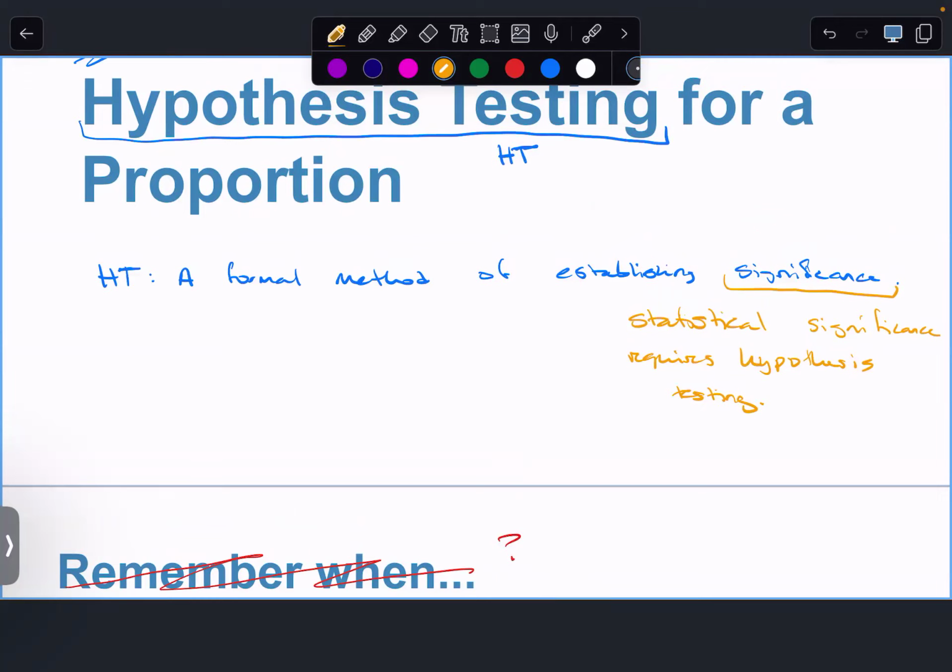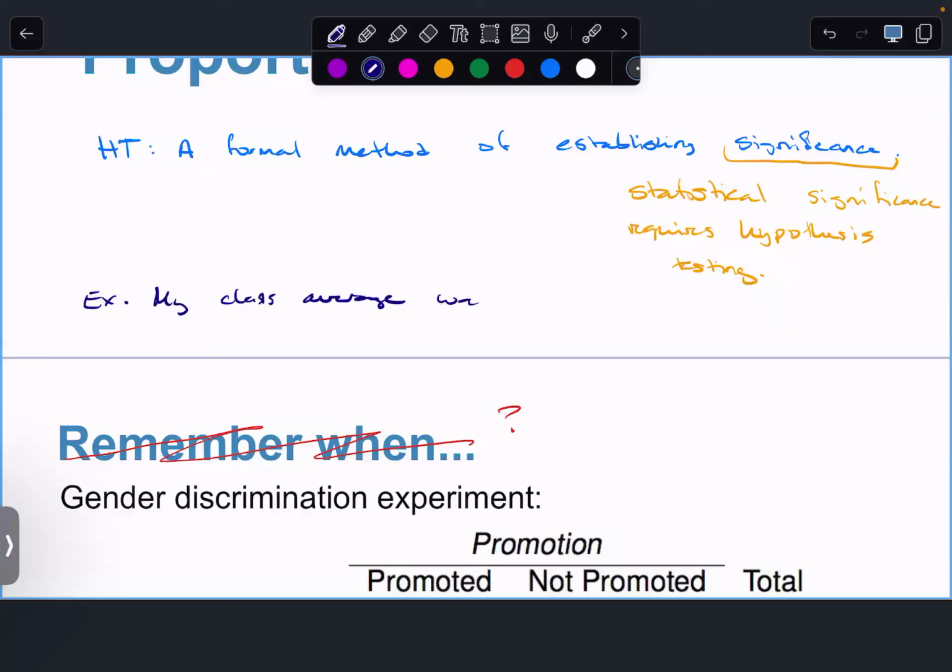So in order for someone to say, for example, my class average was significantly higher than the other class average.